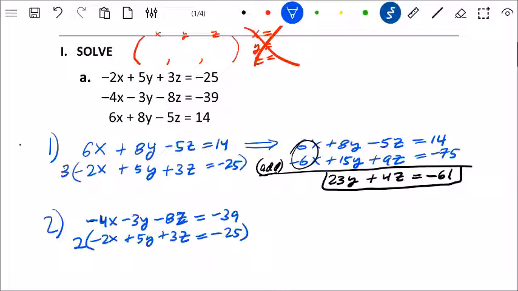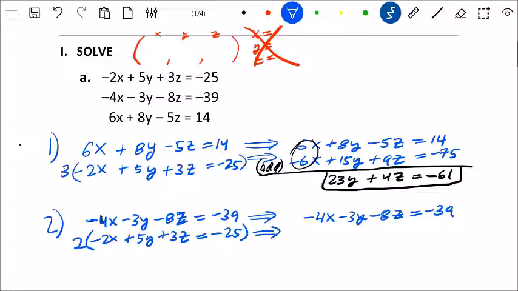I could choose to do -2, so I get a +4 for it, and then I could just add. But I want to do at least one of these where I show that it's going to be a subtraction one, to make sure anyone watching is comfortable with how to do that. -4x minus 3y minus 8z equals -39.